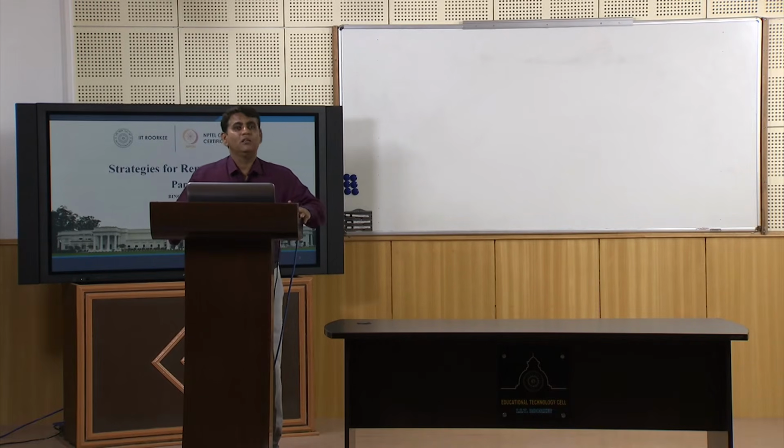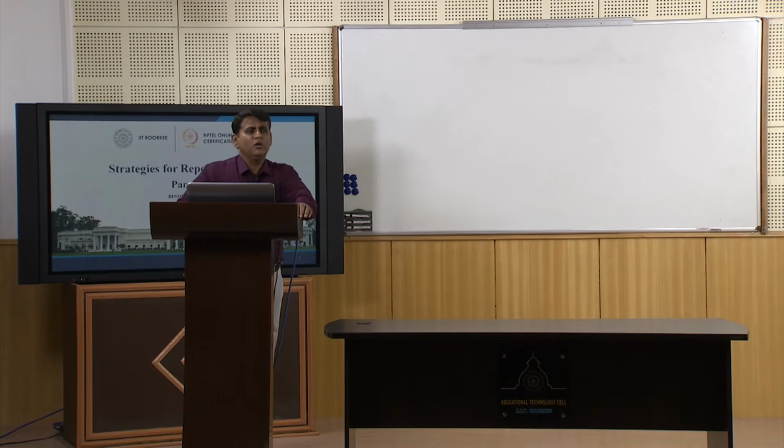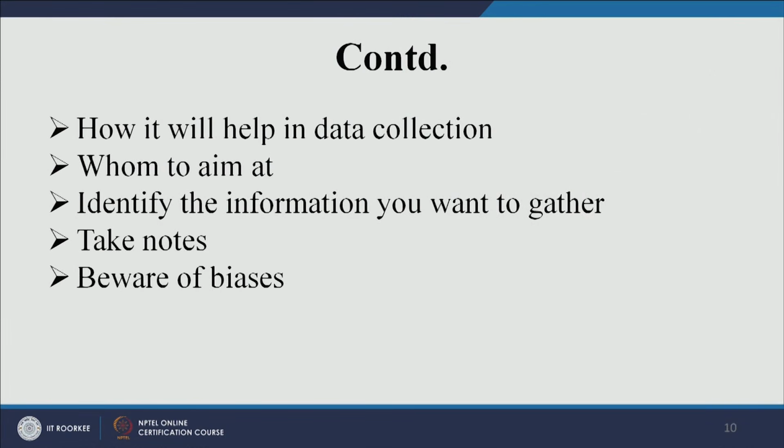Hence the observer, the person who is collecting the data, needs to ensure that he is observing a person without the other party understanding that he is being observed. Moreover, you should also understand how observation as a method is going to help in data collection.